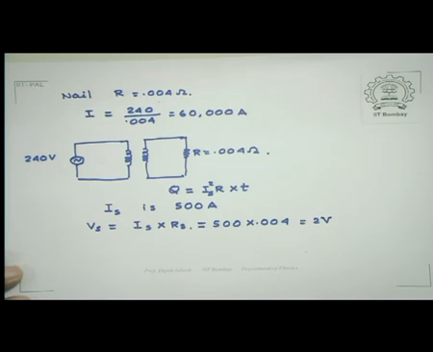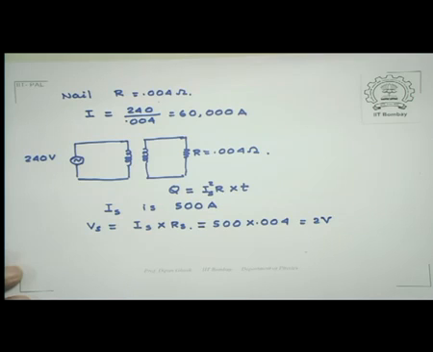So then what I have is the following, that the current Is times Rs, that's the secondary voltage Vs, is 500 multiplied by 0.004, which is just equal to 2 volts.